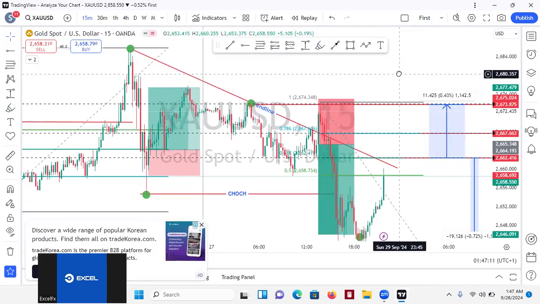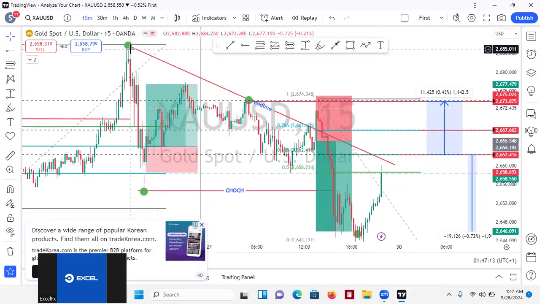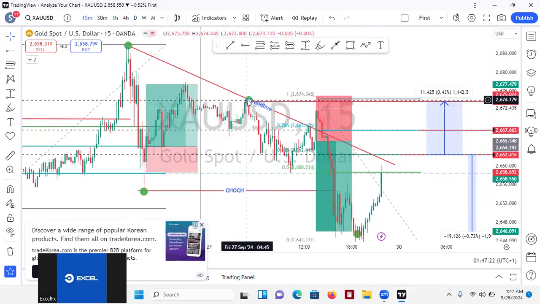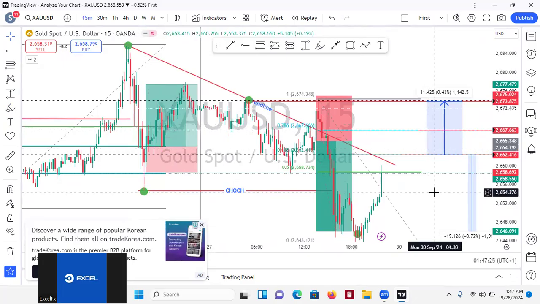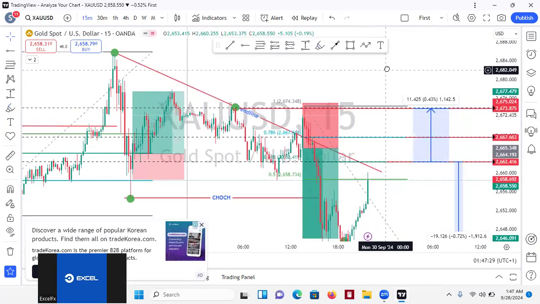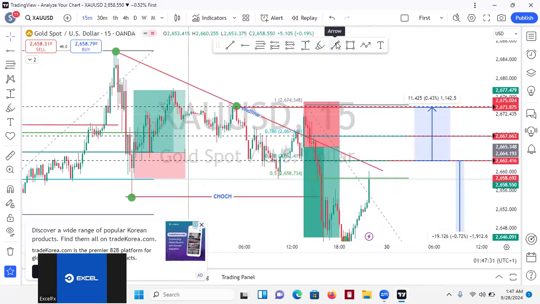I use the highlighter tool to highlight the market structure, to take note of the highs and lows of the market. All right, then the next one is the arrow. I use the arrow majorly to indicate where I'm expecting the market to go.